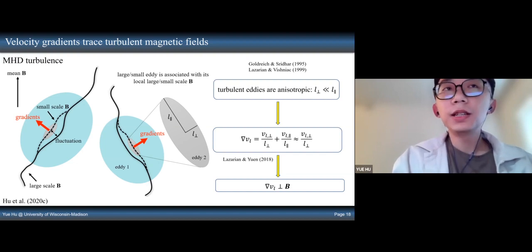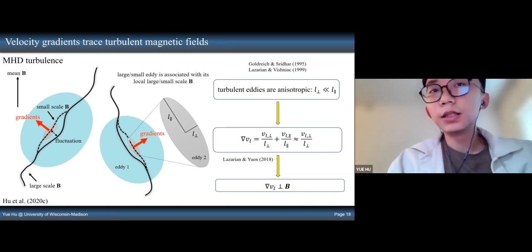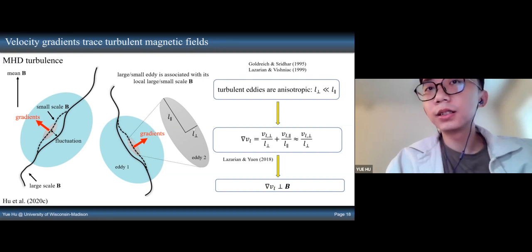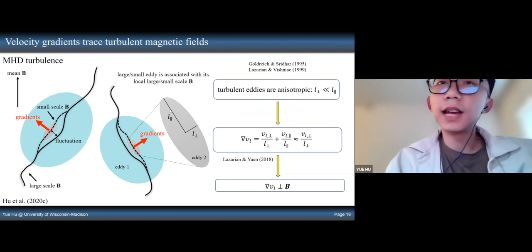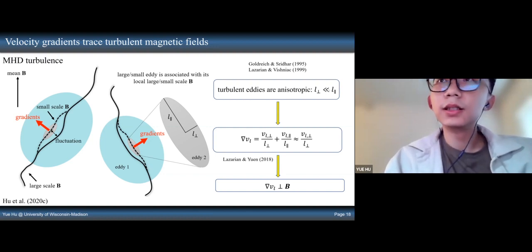The velocity gradient technique uses the anisotropy of MHD turbulence. Here we see the cartoon that the illustrator shows. In turbulence, the turbulent eddy is elongated along the magnetic field lines. The eddy has a perpendicular scale with respect to the magnetic field, and also a parallel scale. With anisotropy, the parallel scale is much larger than the perpendicular scale.